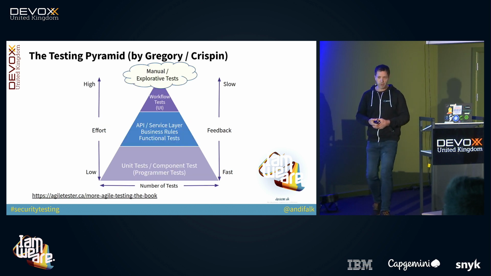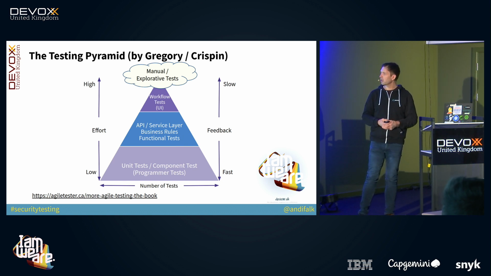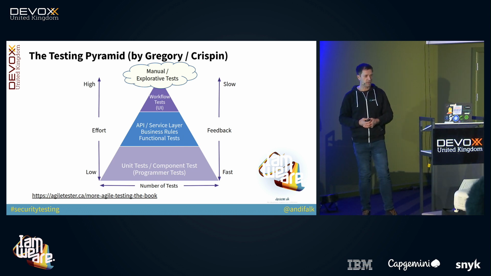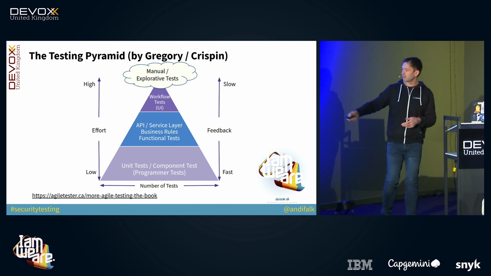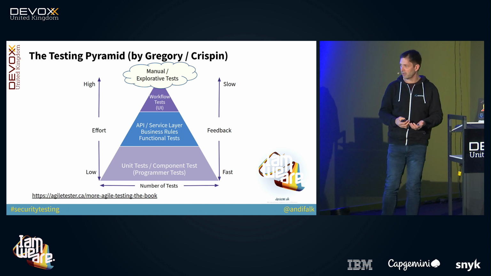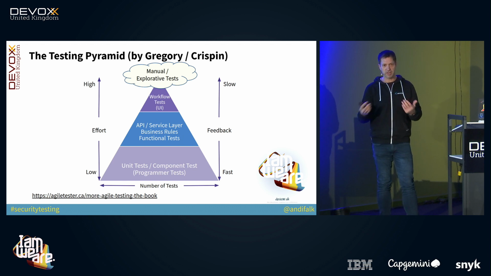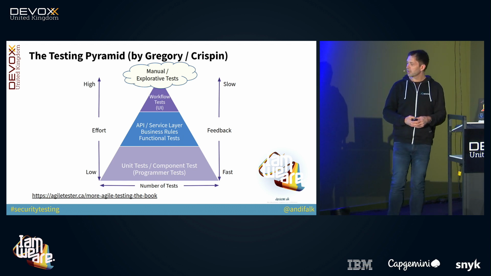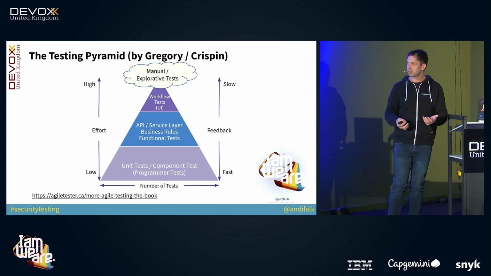There's an improved one, which I like a bit better than the original, which was invented by Janet Gregory and Lisa Crispin in their agile testing book. They detail that this kind of tests usually are the programmer, the developer tests. These tests typically deal with API and service layer stuff, so even more business rule or functional related.